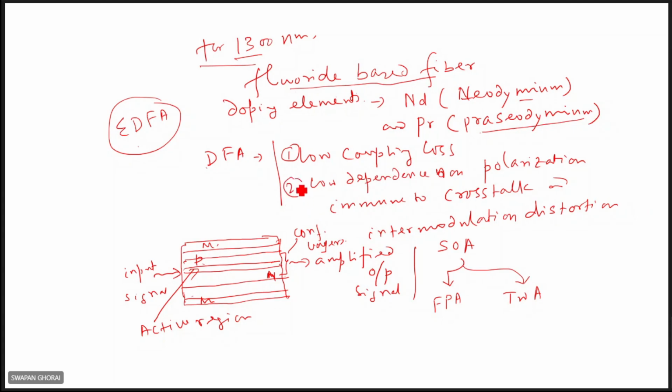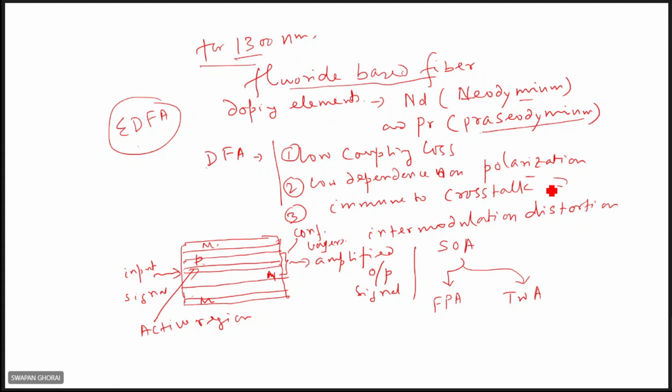Also, there is very low dependence on polarization, and it is immune to crosstalk and intermodulation distortions for multi-wavelength operations. But for semiconductor amplifiers, the crosstalk will be more because of the rapid gain response.